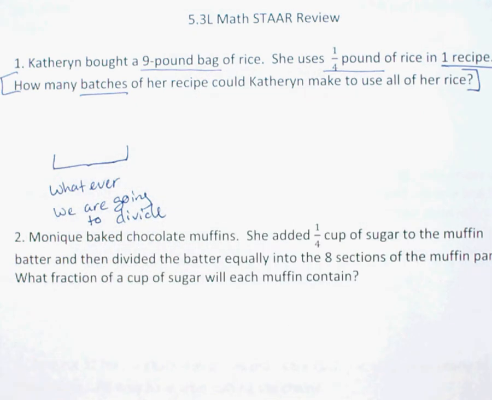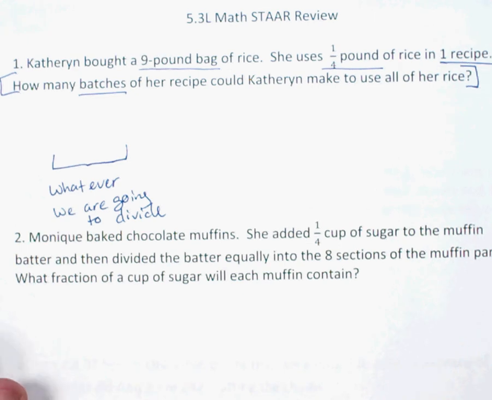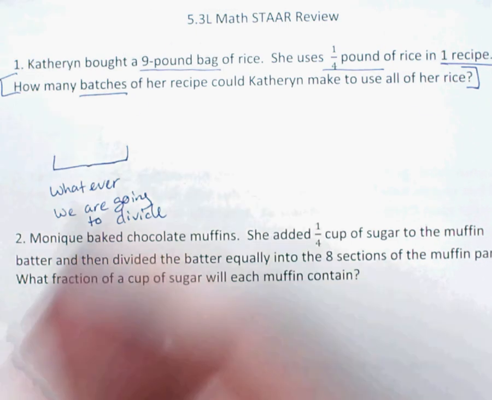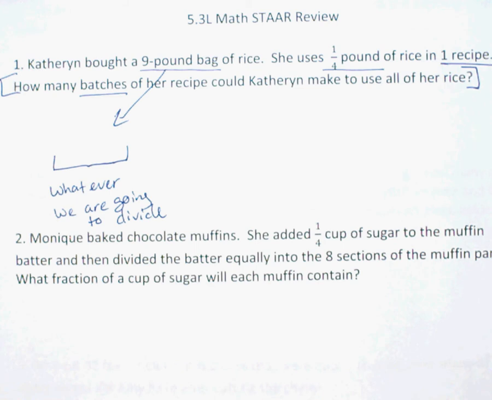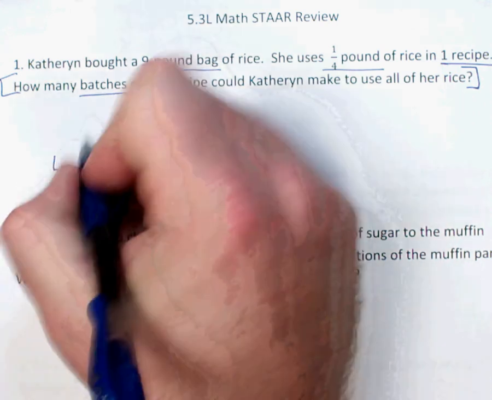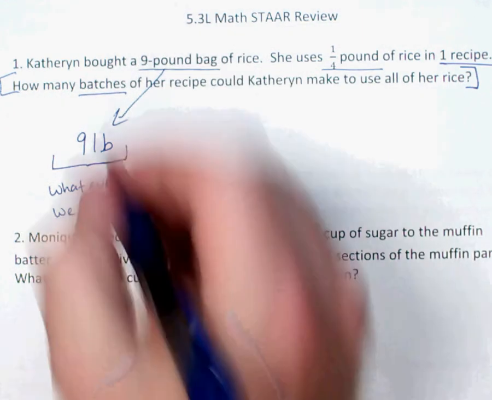So whatever object or thing or item it is physically that we are going to split up into either multiple pieces or into specific size sections, as we are with this one. For this problem, that is this 9-pound bag of rice. That's the thing that we're going to separate, the thing that's being divided. So that's the first number in our problem. All right, 9 pounds.